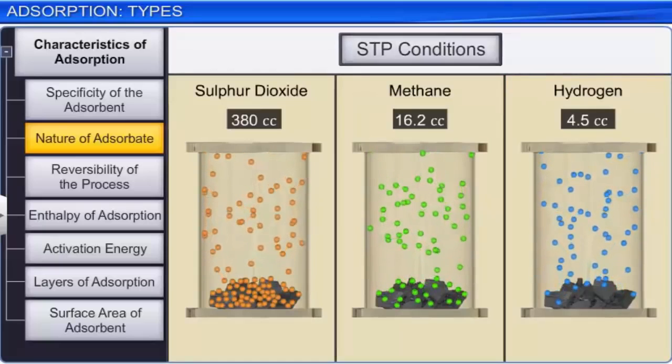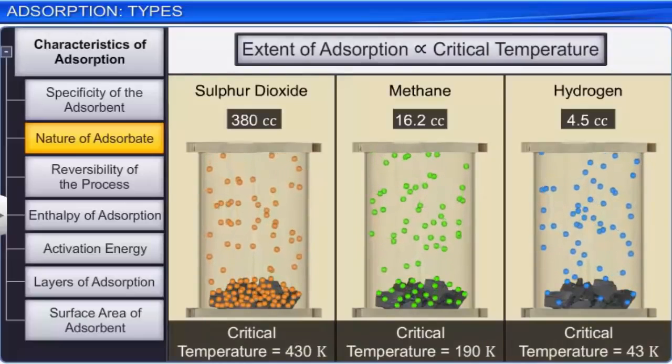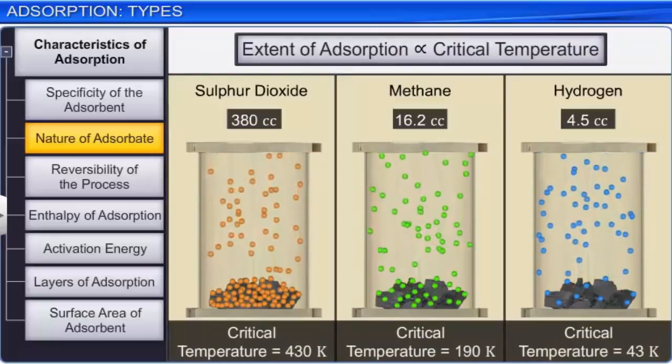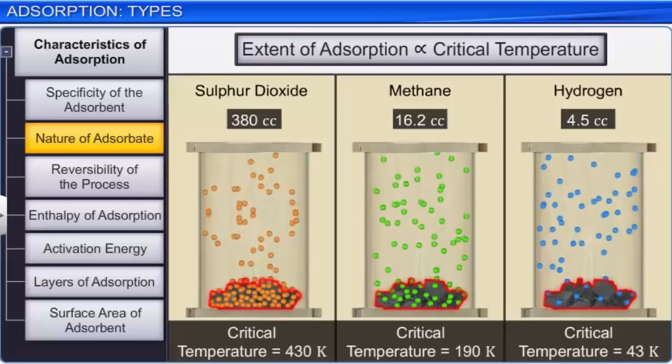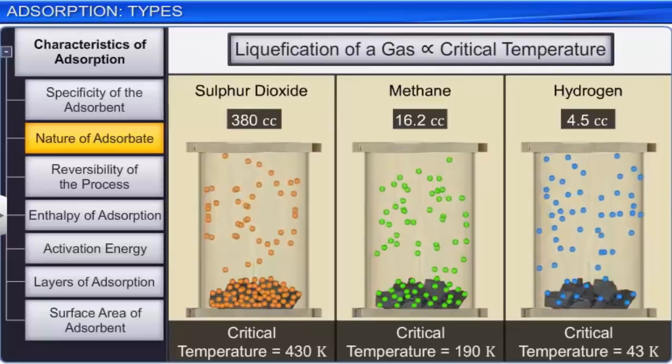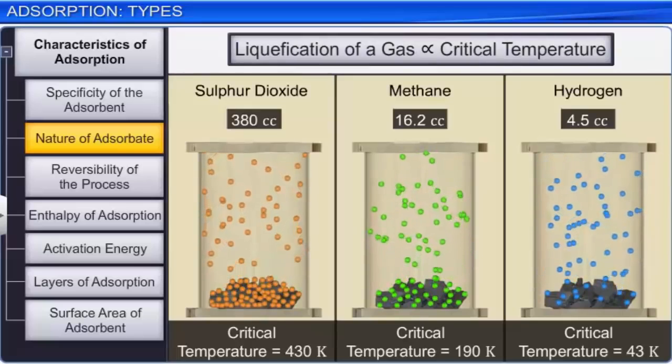It may be seen from the critical temperature values that the higher the critical temperature of a gas, the greater is the extent of adsorption. This is because gases that can be easily liquefied have high critical temperatures and are more easily adsorbed.